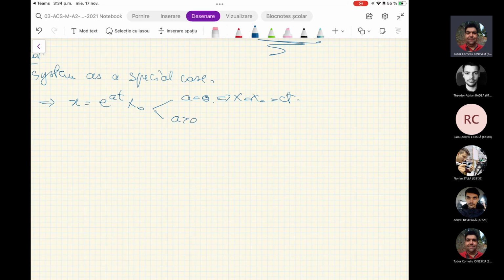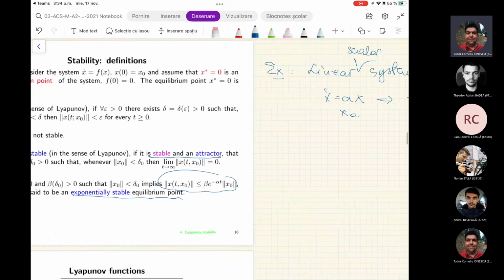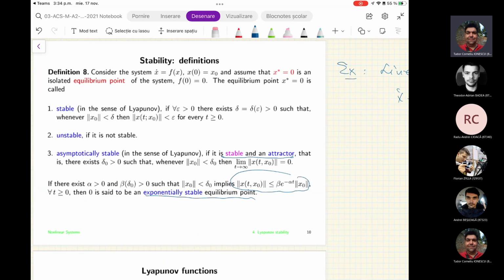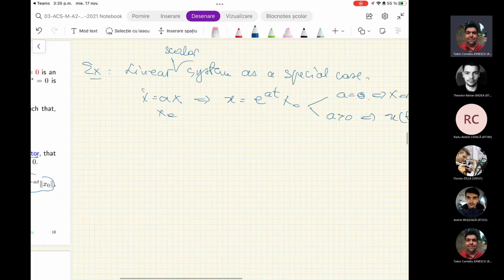If a is larger than 0 and constant, then x of t goes to infinity as t goes to infinity, so it's unstable. And this condition never happens because this grows; we are now in situation number 2.